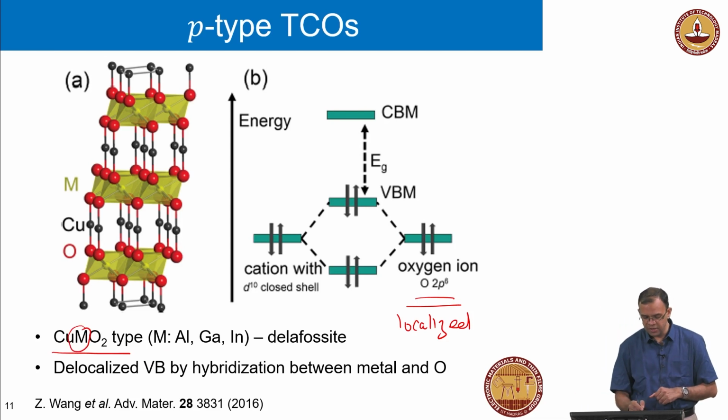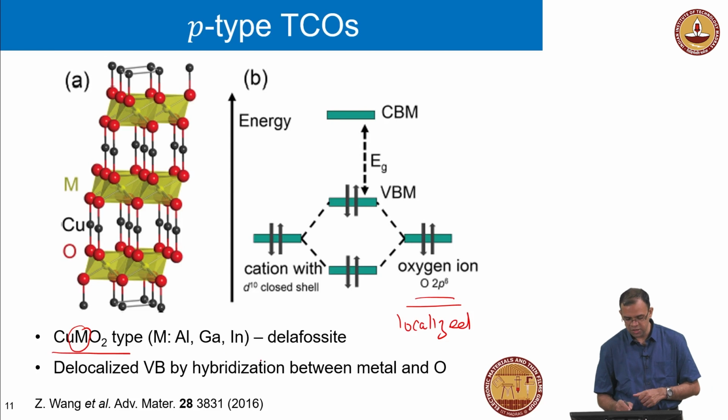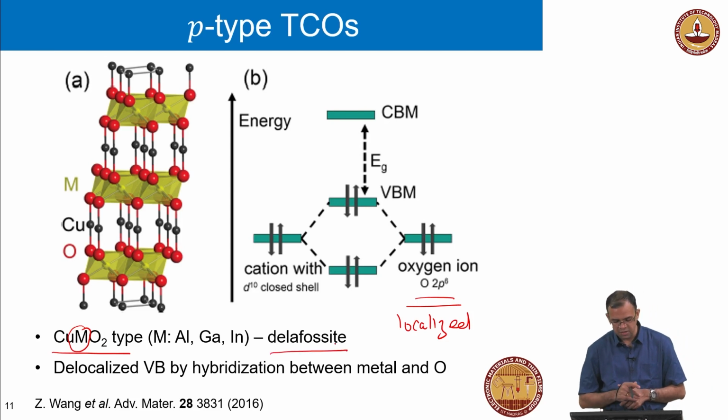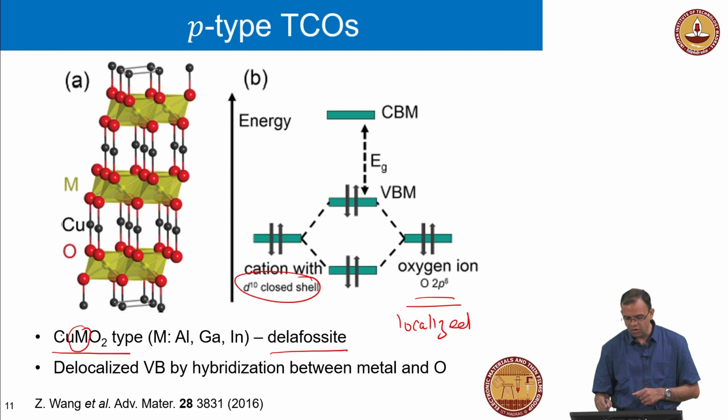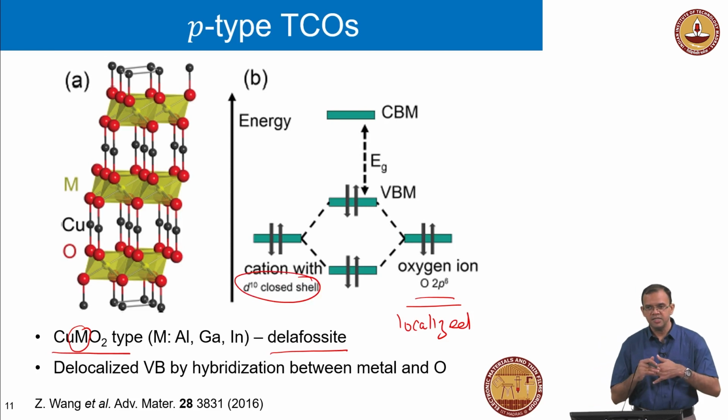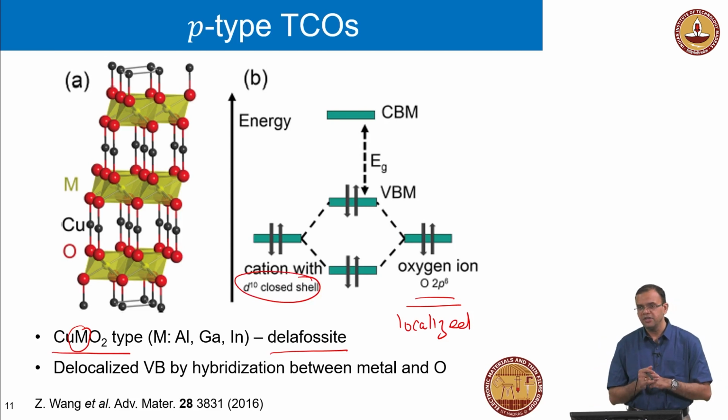So there are different types of these materials which are called delafossites, that is a general term for them, where the hybridization between the d10 shell, so this is the closed shell of copper, and the oxygen generates an extended valence band which allows for charge carriers to move within the semiconductor. So these are then doped.